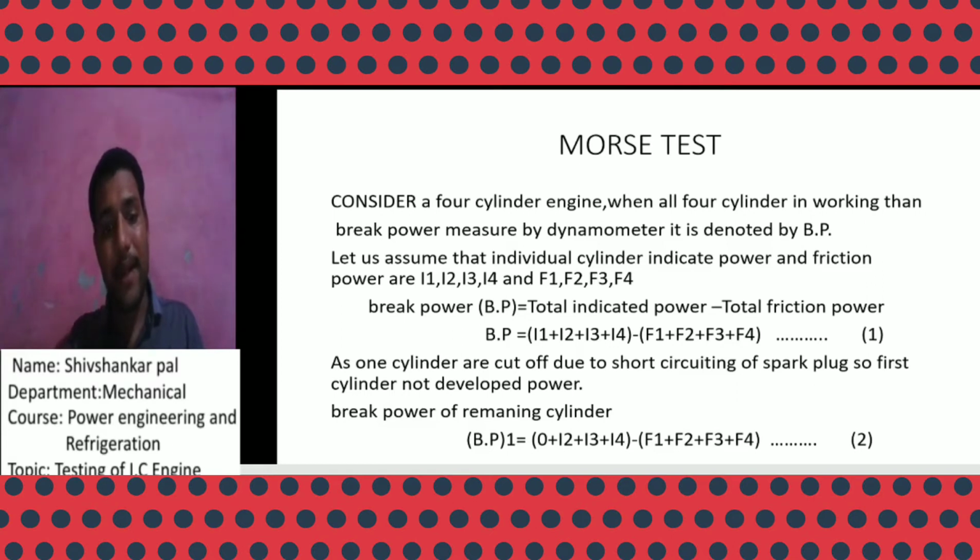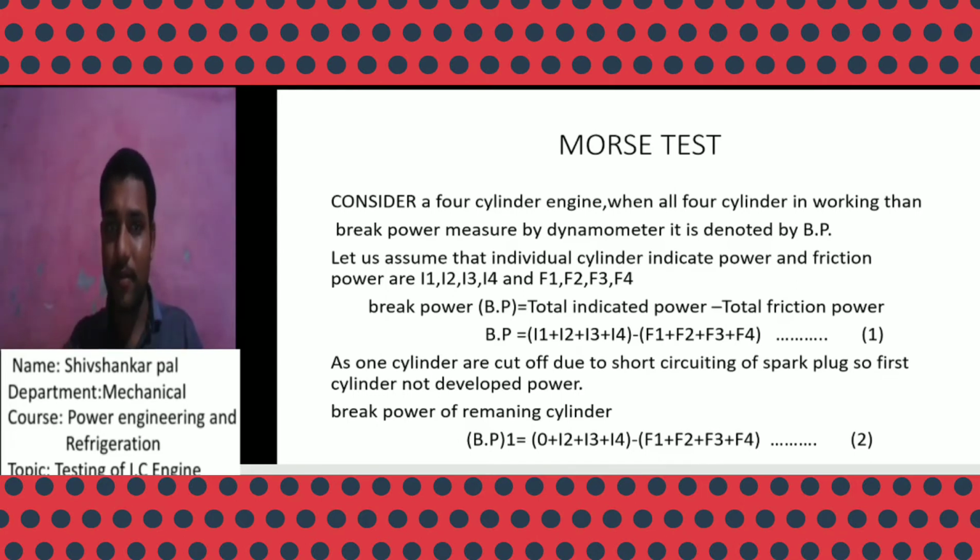So the brake power BP1 obtained from the remaining three cylinders is equal to I1, which is 0 because the first cylinder does not work, plus I2, I3, I4 minus F1, F2, F3, F4. Here you can see that the friction power is not 0.